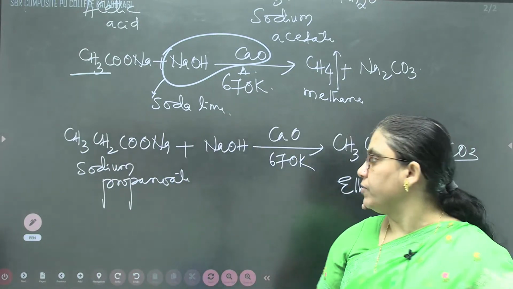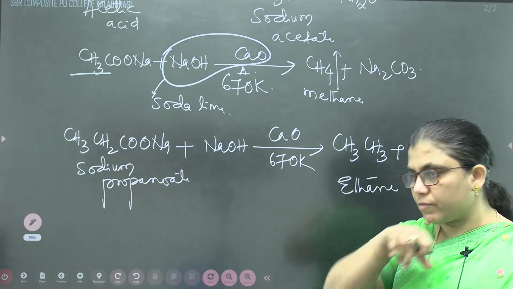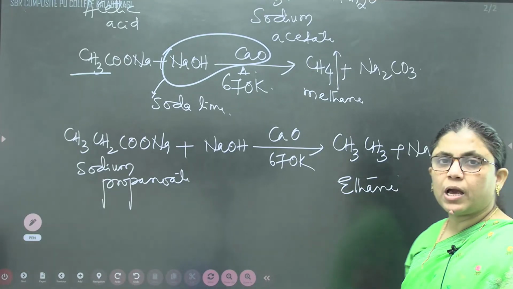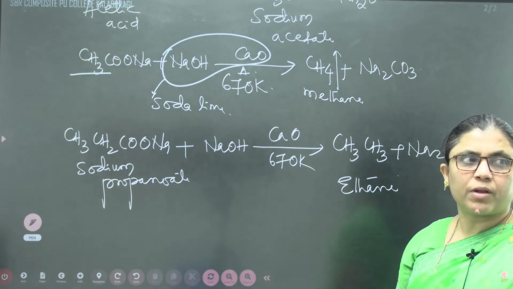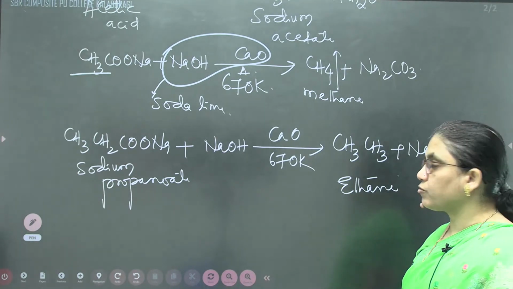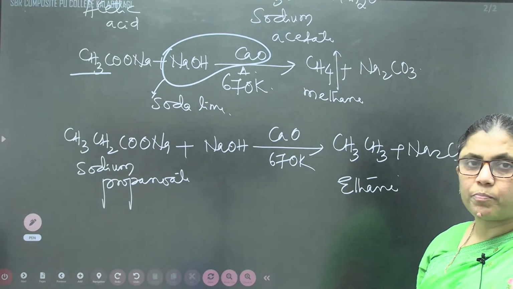And remember one thing, while using sodium hydroxide we should be very careful, because it will absorb moisture, water droplets from the air. That's why it is called hygroscopic in nature. Sodium hydroxide is hygroscopic in nature.